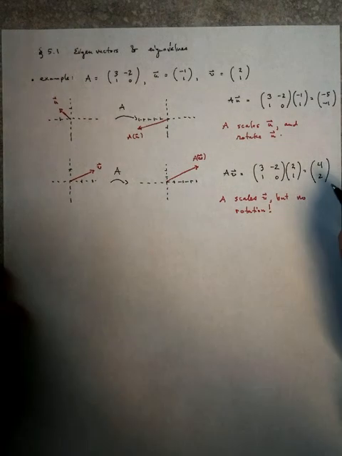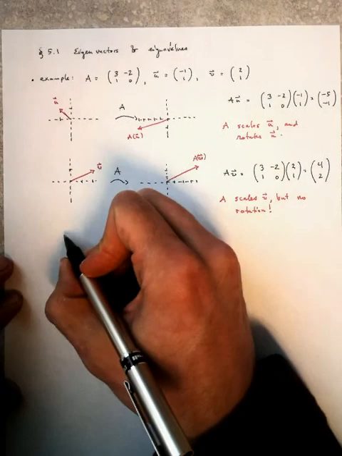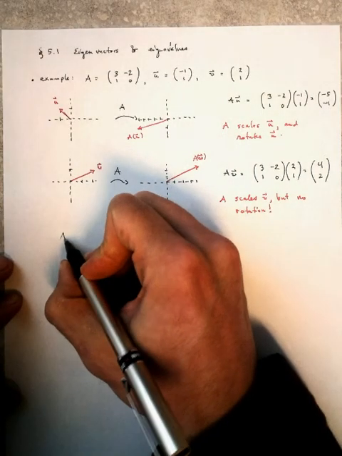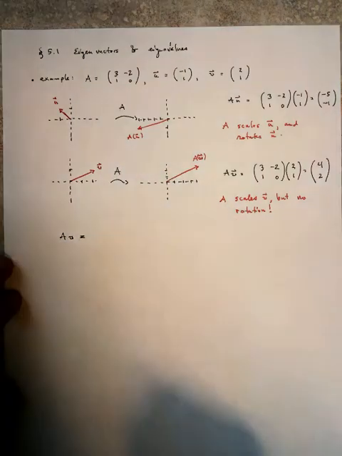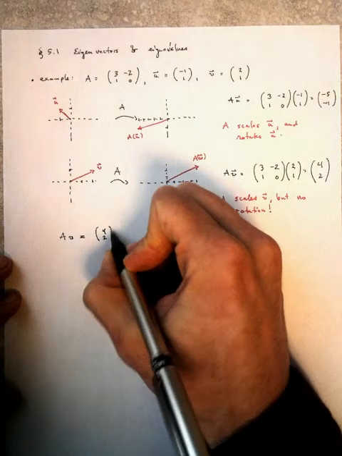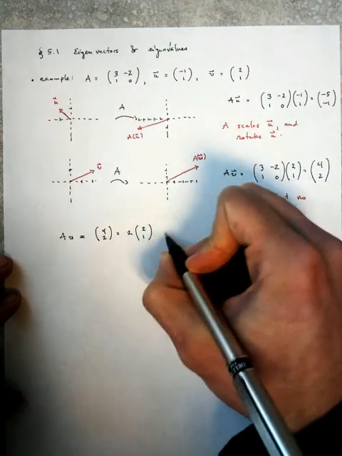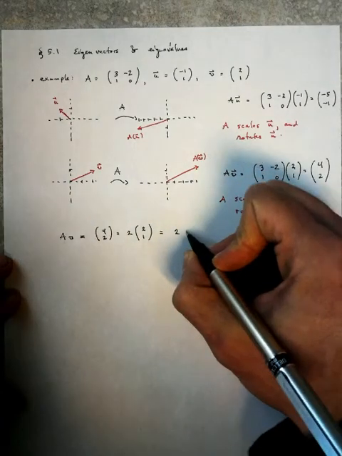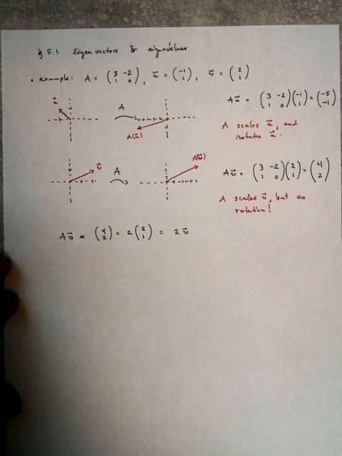What's more is I can actually figure out the factor by which this vector is scaled. So A times V is equal to 4, 2, which is 2 scalar multiplied by 2, 1, and 2, 1 is my original V. Right?